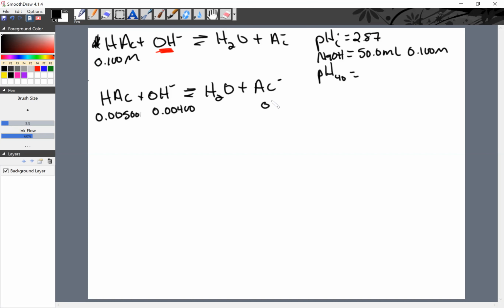Do I have enough acid to sop up all that base? And the answer is yes. So I'm going to use it all up. And I have 0.00100 left.